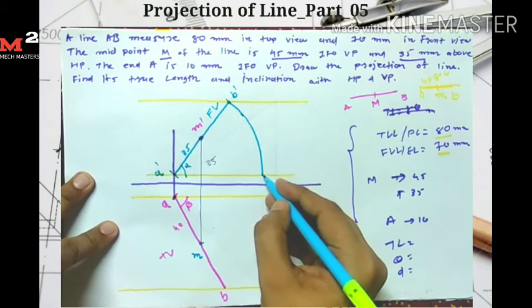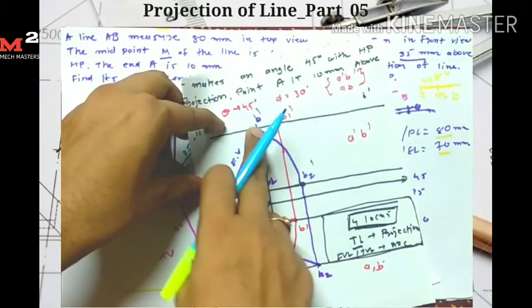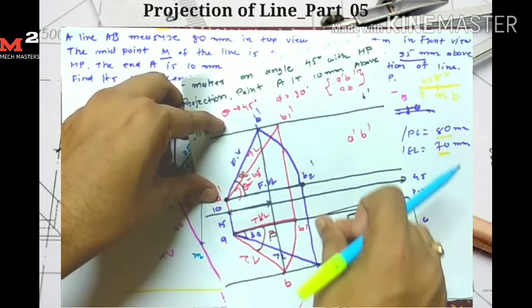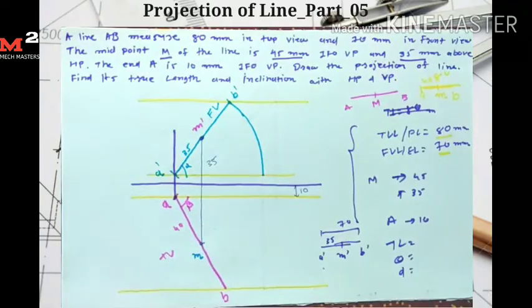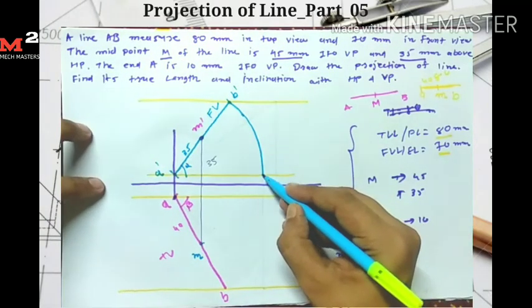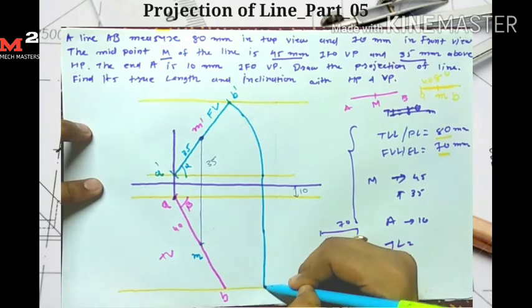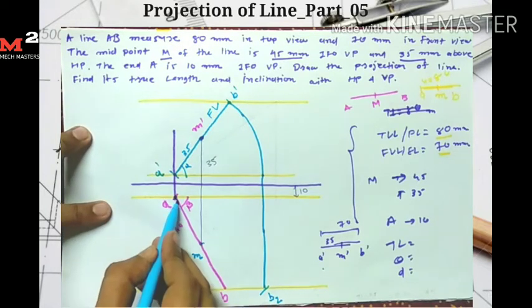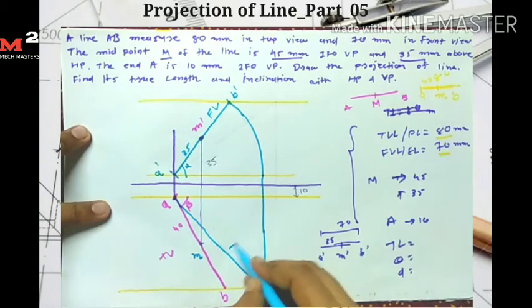Now from this arc I take the projection, because we know that if I draw one arc at here and after that take the projection, then we get its true length. So I take the projection of this line up to the locus of B. So here I get my point B2. So this line AB2 is my true length.